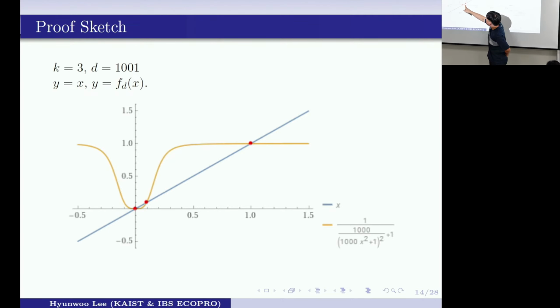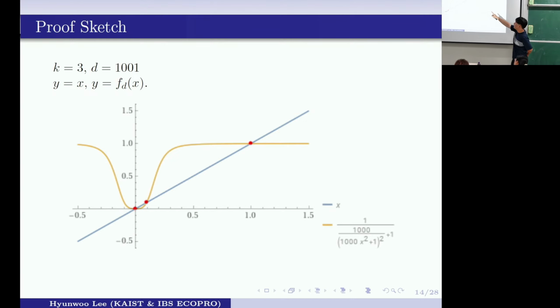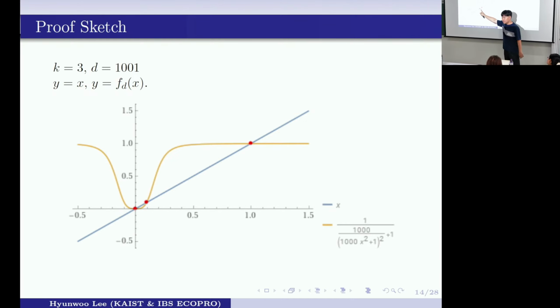The middle one is roughly 0.1, which is the conjectured value, because since k is 3, the conjectured value is d to the minus 1 over 3, so roughly 0.1. But it has two other values, one very close to 0 and one very close to 1.